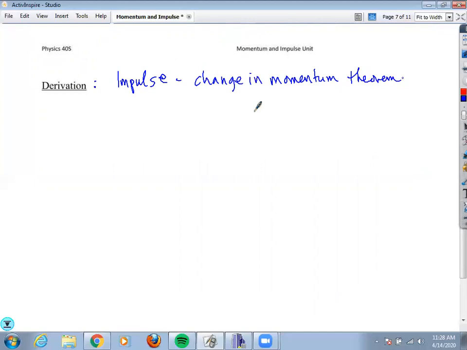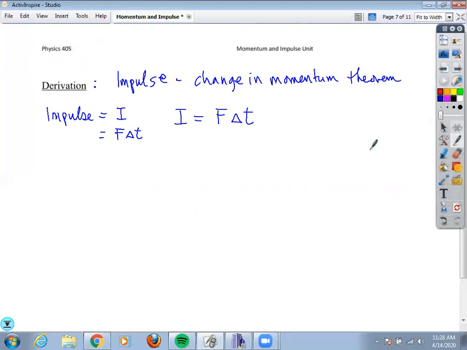So first of all, impulse is given symbol capital I, and it's equal to the product of force and time. So we would say that impulse equals F times delta t. If we look at units, we'll box that.